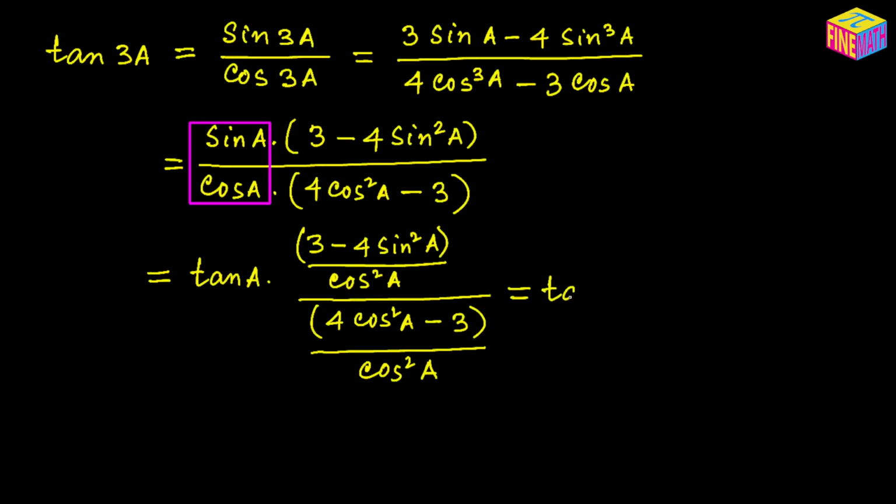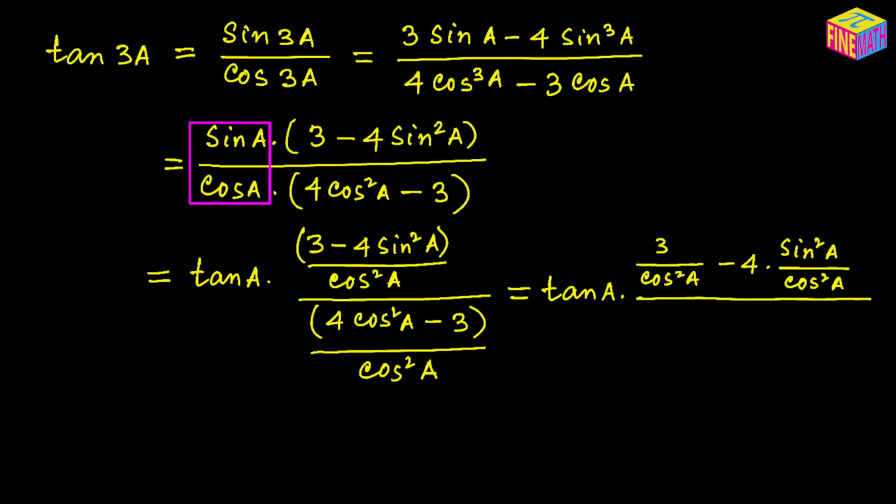And then if we simplify a little bit how this is going to look like, this will be equal to tangent of a times, in the numerator what do we get? We get 3 over cosine square of a minus 4 times sine squared of a over cosine squared of a, and then whole divided by, in the denominator what do we get? We get 4 times cosine squared of a divided by cosine squared of a, so that will become just 4 minus 3 over cosine square of a, and then can we write it like this?